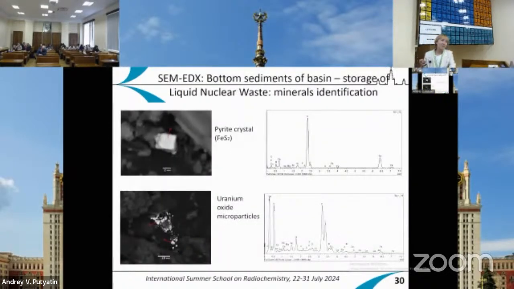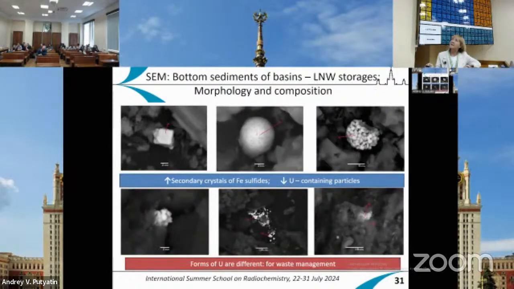This is an example of spectra. There are spectra of a pyrite crystal and uranium oxide microparticles. There are images of them, and there are some examples from the same place. It is bottom sediments of a reservoir of liquid nuclear wastes on some enterprise territory.